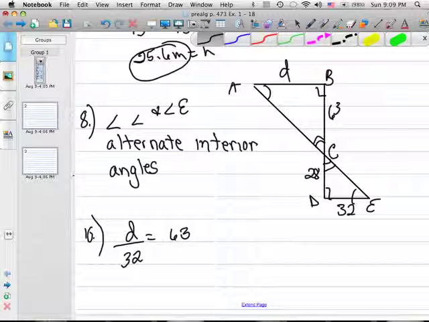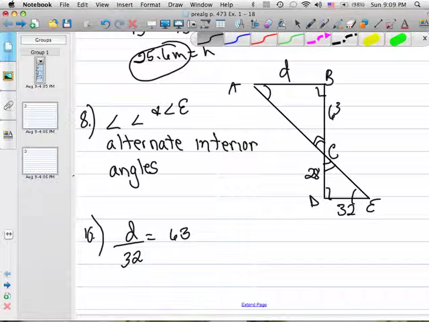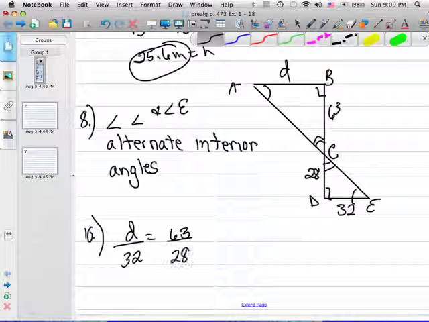No. 63 is to 28. Because this side's across from here and this side's across from that one, so they're corresponding.